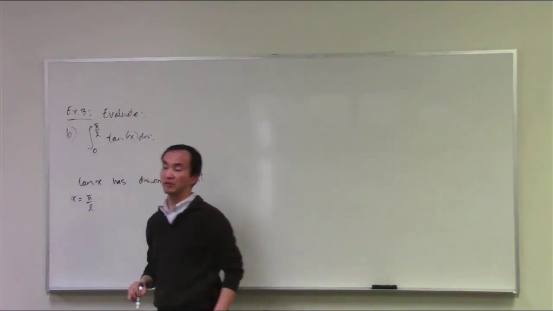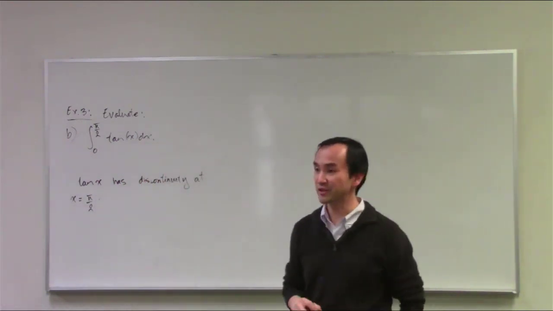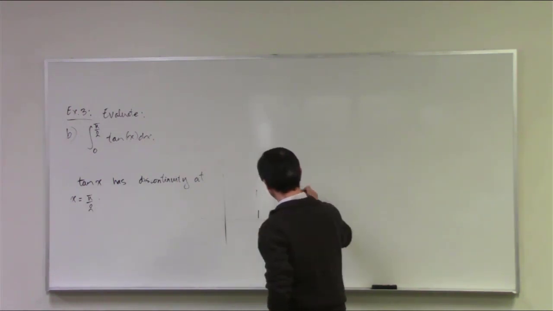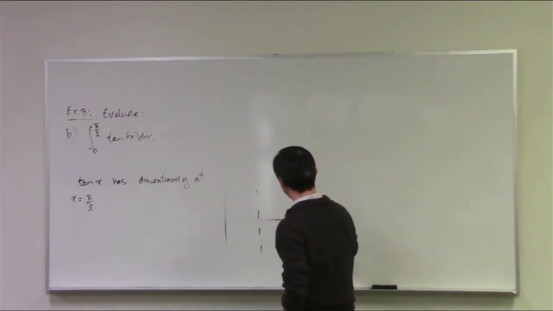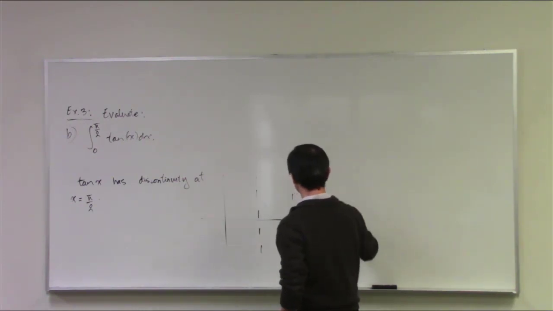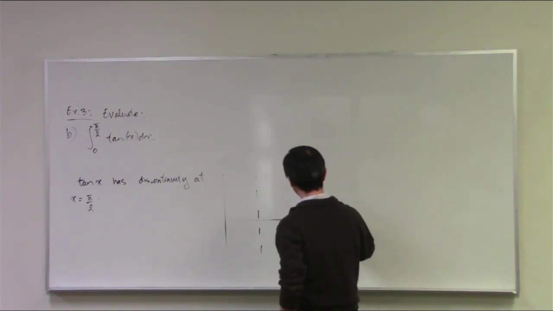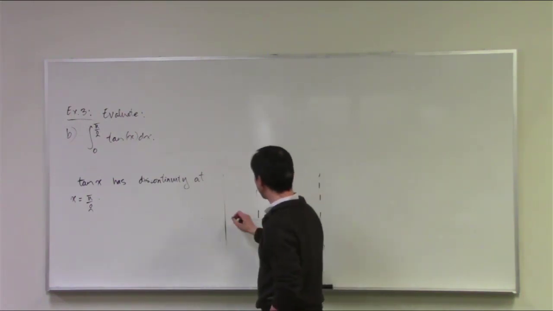Remember the graph for tangent of x? Tangent goes like this. There's a pi over 2 right here, and there's every jump of pi over 2. So there's pi, and then there's a 3 pi over 2. So your tangent goes like this.